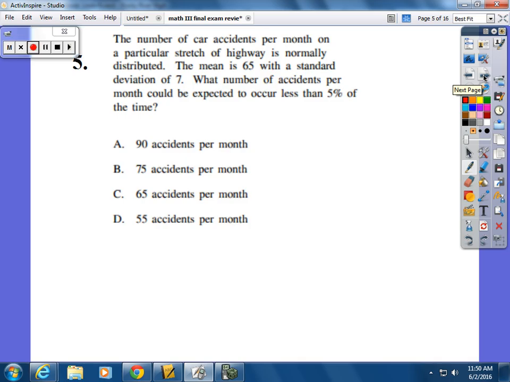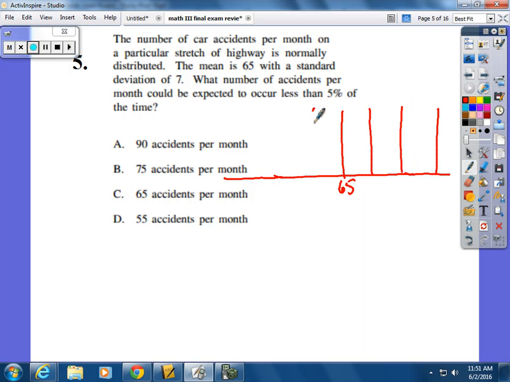Okay, number 5. We've got a normally distributed set of data. The mean is 65. Standard deviation is 7. What number of accidents would you expect to occur less than 5% of the time? So now we need to think of our percentages and the numbers on our number line here.